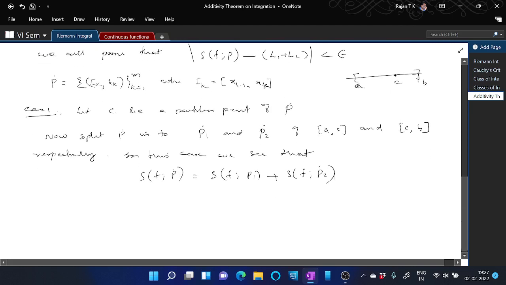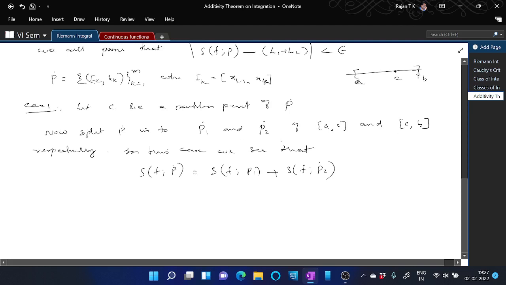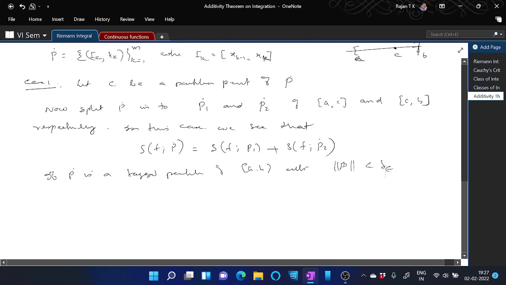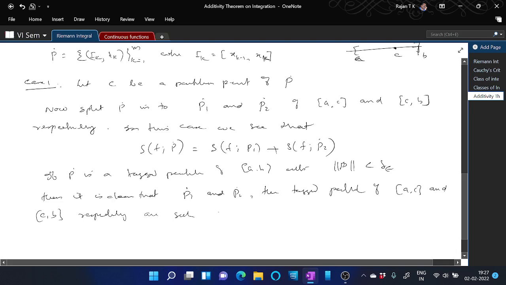Let us check that. So if P is a tagged partition of [a,b] with norm of P less than delta epsilon, then it is very clear that P1 and P2, the tagged partitions of [a,c] and [c,b] respectively, are such that norm of P1 is less than delta epsilon, which is less than delta, and norm of P2 is less than delta epsilon, which is less than delta dash.